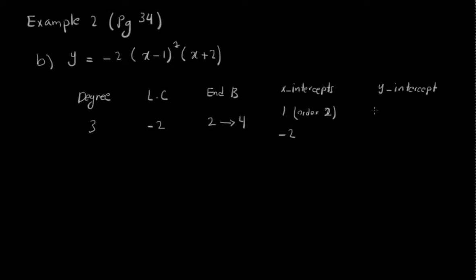The y-intercept would be putting 0 instead of the x's: negative 2 times, if you put a 0 here, 0 minus 1 is negative 1, but when you take it to the power of 2, it's just 1. And if you put 0 here, you're gonna get 2. So the y-intercept is at negative 4.